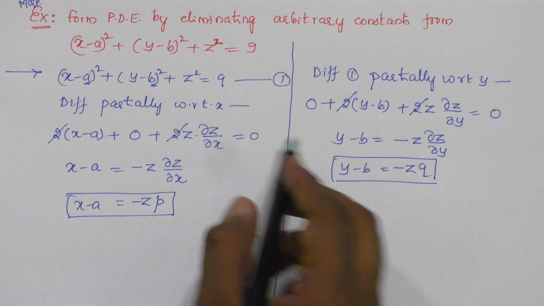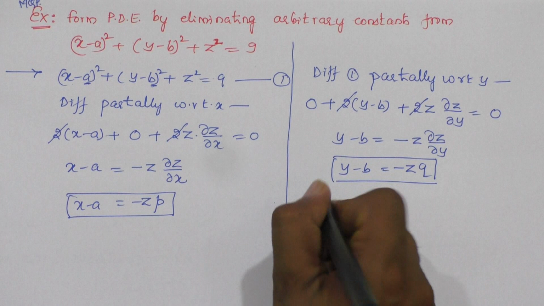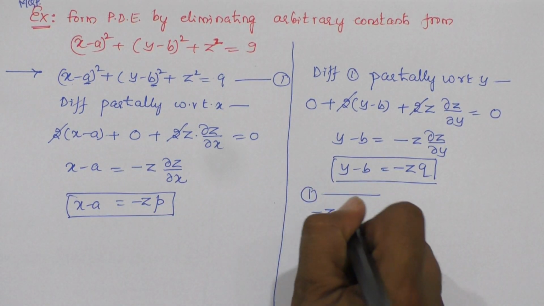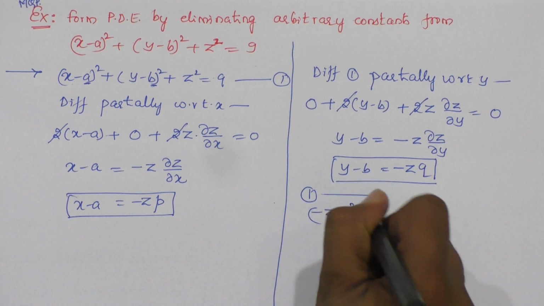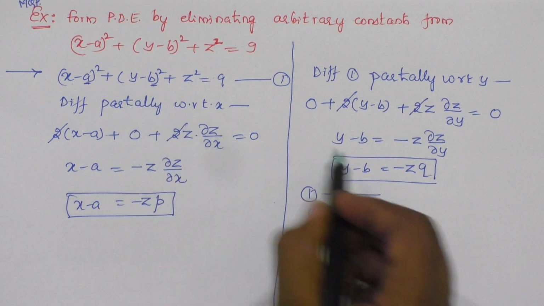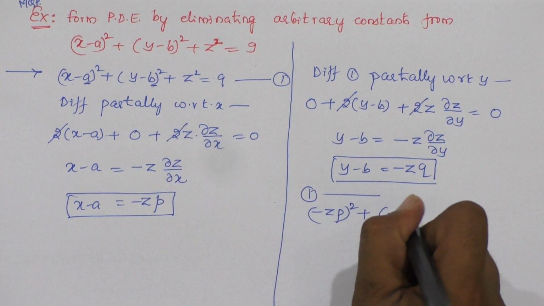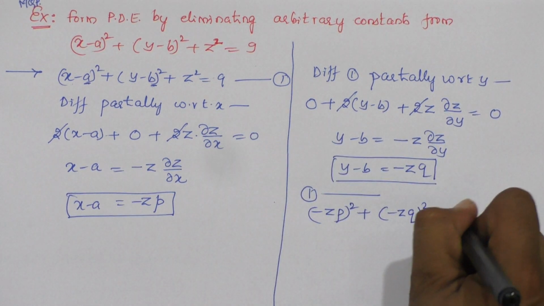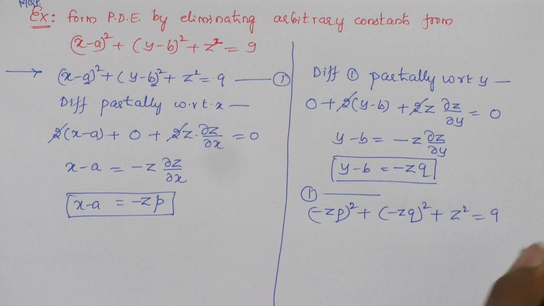So substitute the same in equation 1. From equation 1, (x minus a) means minus zp, square, plus (y minus b) minus zq, square, plus z square equal to 9.